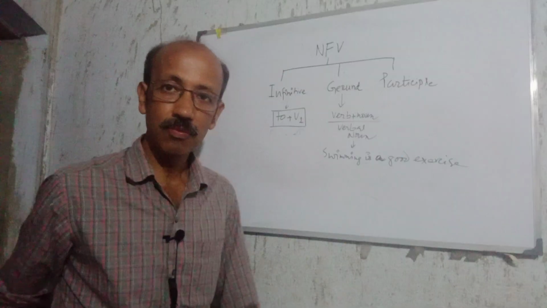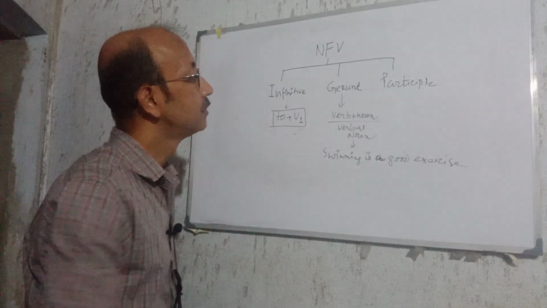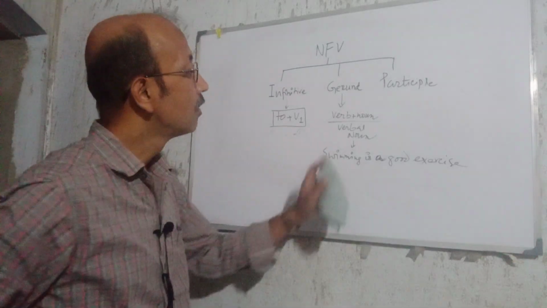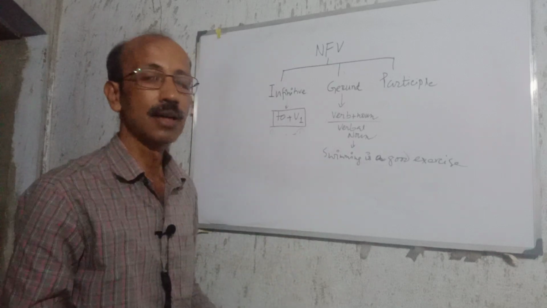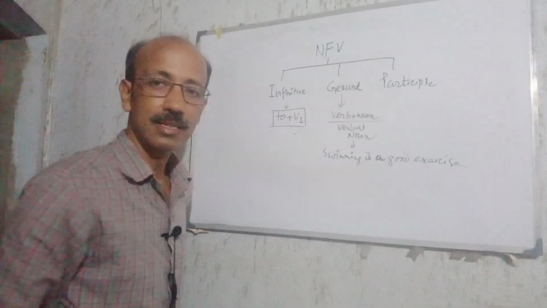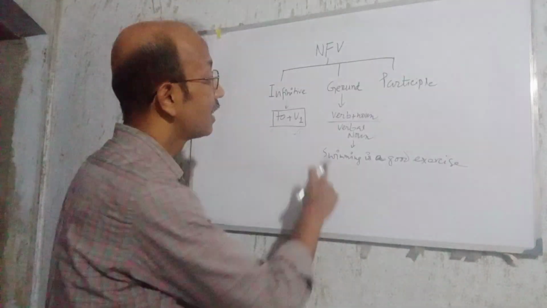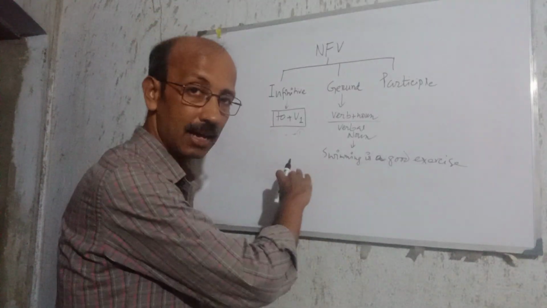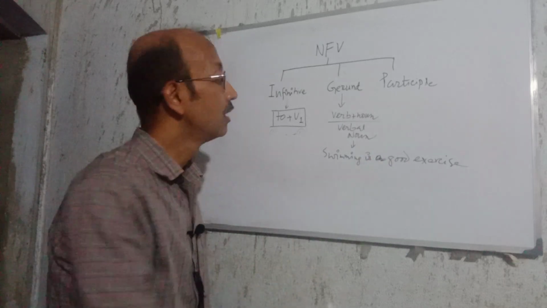It is an example of gerund. Gerund is called the verbal noun. It is a verb but works as a noun. Various sentences can be cited as examples, but today I am writing one or two examples.